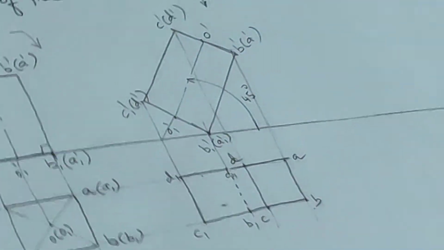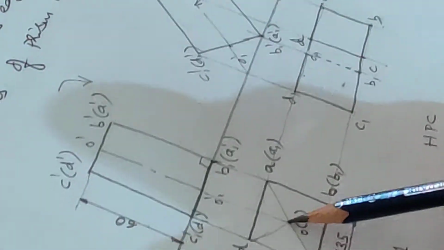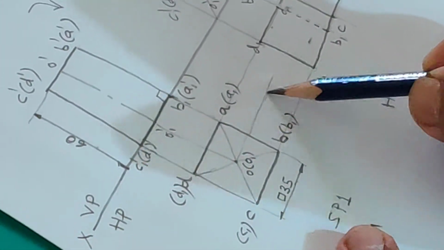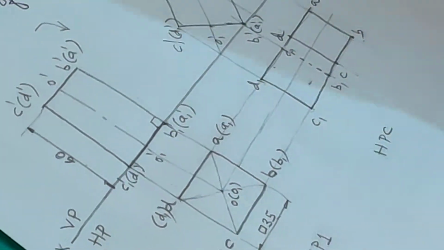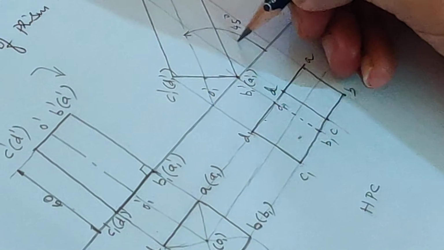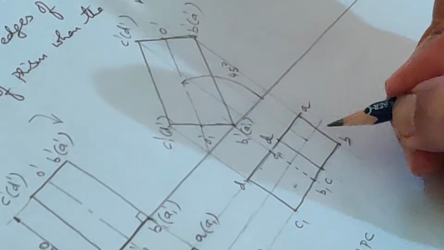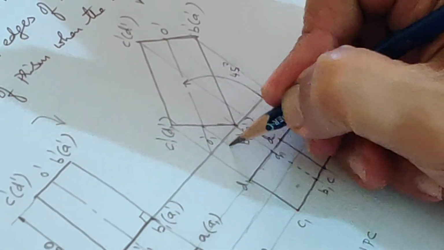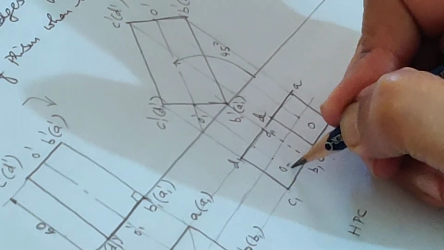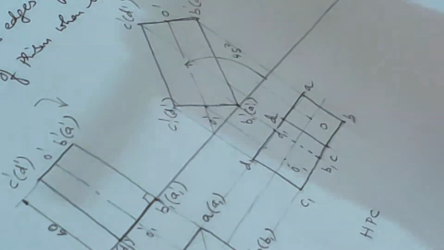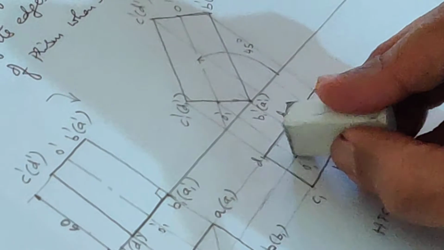Now you can complete this view by drawing the axis. I am drawing the locus of the points O and O1. Project the points O and O1 from the top. This is your O. This is O1. So this should be shown using a chain line.